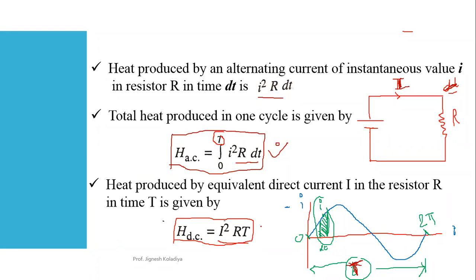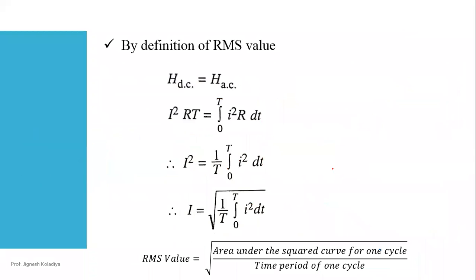Now according to the definition, I have to equalize both the heat generation. HAC is equal to HDC. So let us do it. By definition of RMS value, we can equate HDC and HAC and put down the values over here.